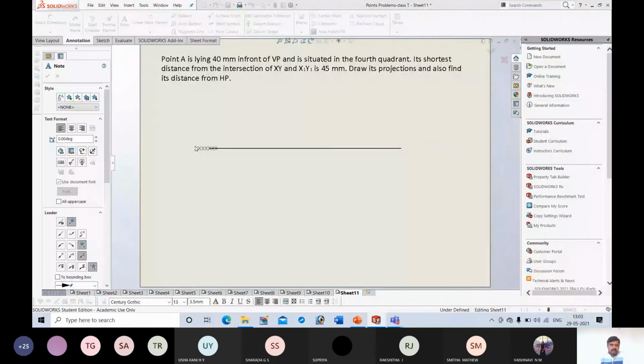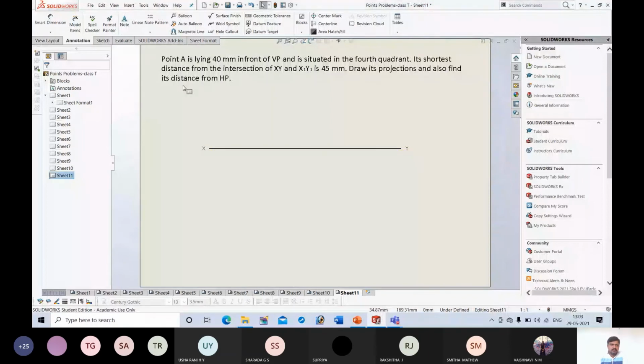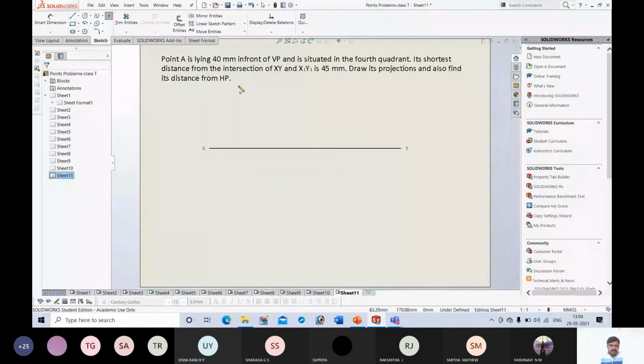Okay, next, point A lying 40 mm in front of VP. In front of VP means on the drawing it is below XY. It will be below the XY line. So I will draw a point.